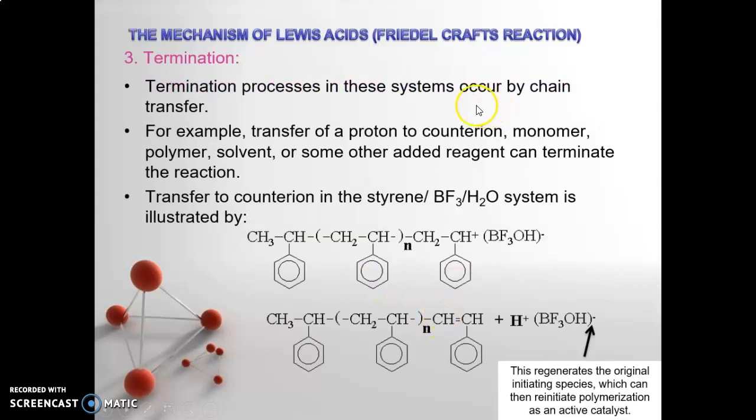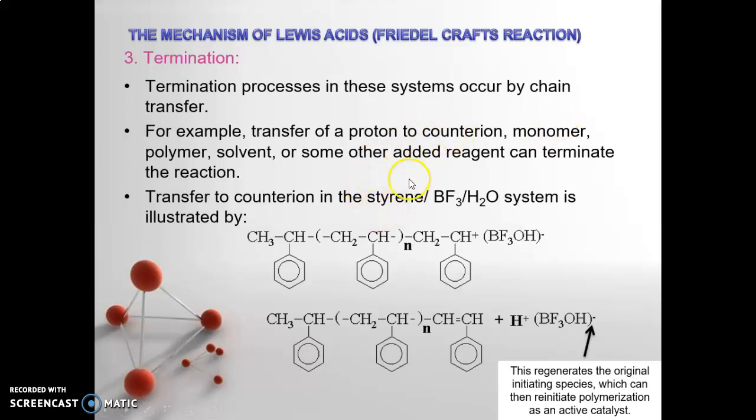And the termination has two types, which is termination by unimolecular and the other one by chain transfer. Okay. For example, the transfer of a proton to counter ion, monomer, polymer, solvent, or some other added reagent can terminate the reaction.